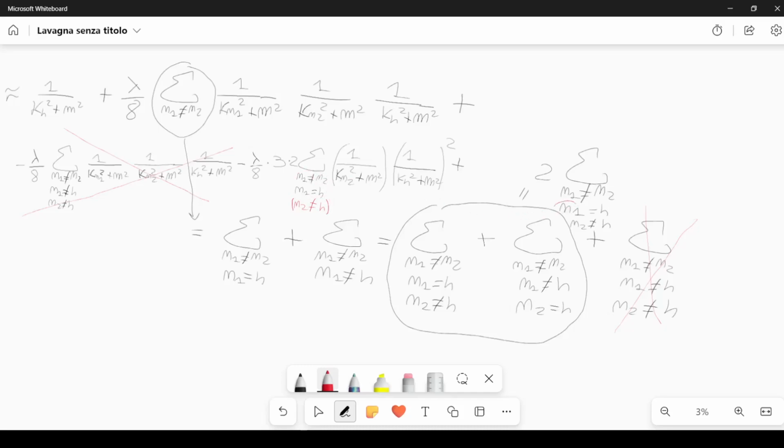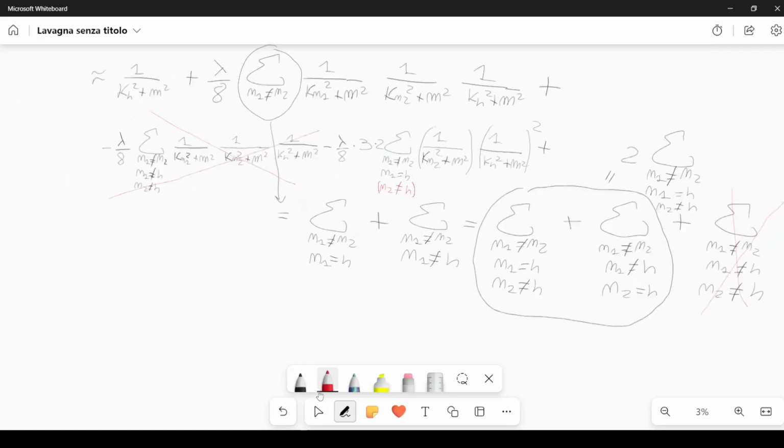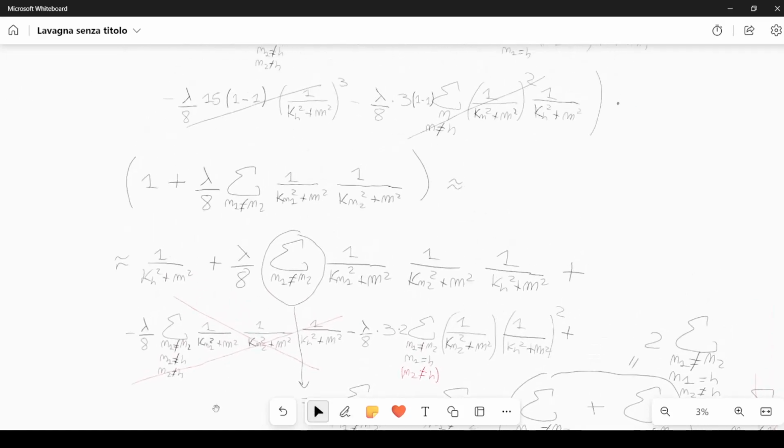And when you set n1 equal to h in this part of this summation, this term can be put together with this. So you will get 1 over k h squared plus m squared all squared, right? So you can sum those two terms. Now, do we have any other terms to consider?